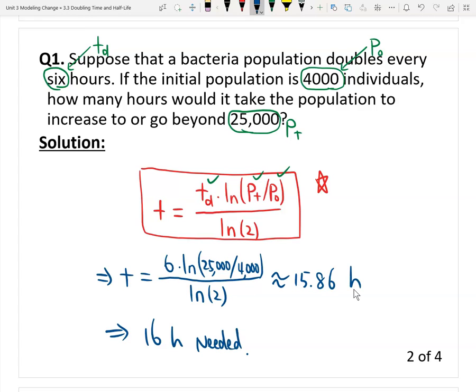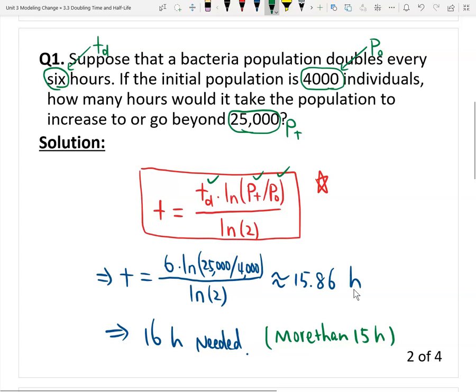Here is a little special. It's not because of 15.8 that we round up. We round up because we need more than 15 hours to reach or go beyond this population. Therefore, how many hours do we need? We need 16 hours.